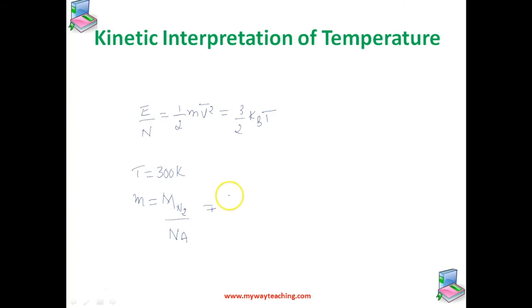So that is given by, we know the data, we get 4.65 into 10 raised to minus 26 kg. Okay.